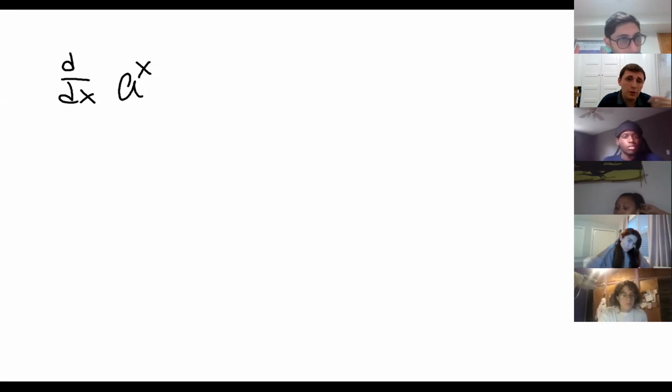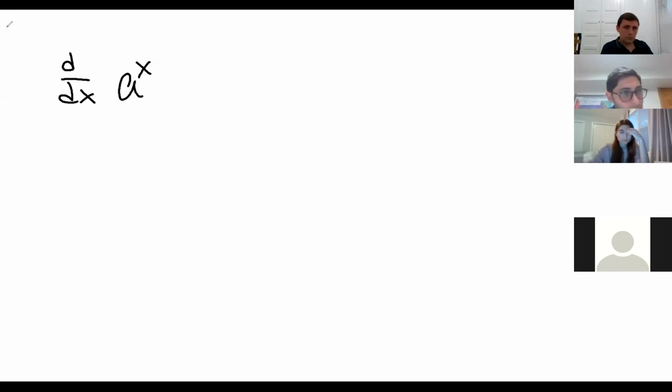Would you have preferred a similar problem, but one that does not use an arbitrary a? Exactly. You would prefer e to the x. So let's place it there.